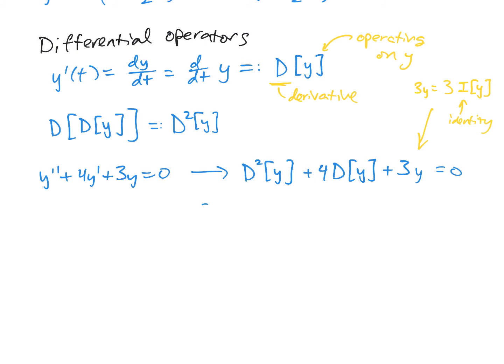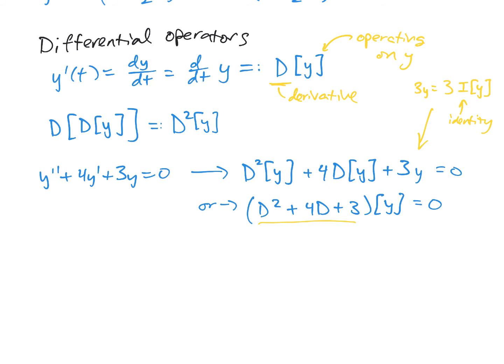And we could also write this like D squared plus 4D plus 3 operating on y equals 0. So what's nice about this notation is that the part in parentheses here looks like a polynomial. And polynomials we can do a lot of fancy things with.